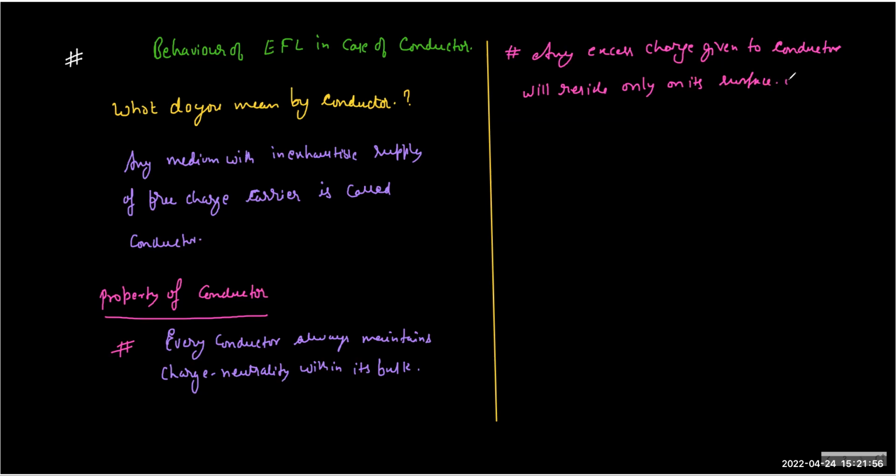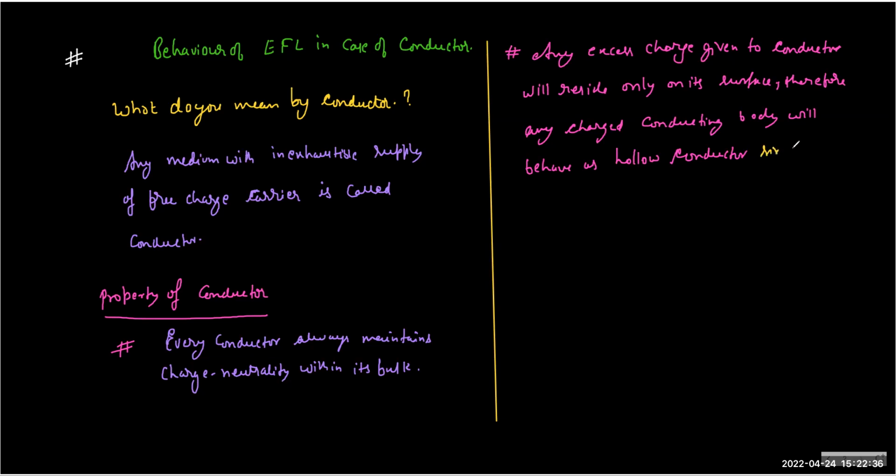Therefore, any charged conducting body will behave as a hollow conductor, since charge only occupies its surface. So when I say conductor, it means, let's say, a drop.